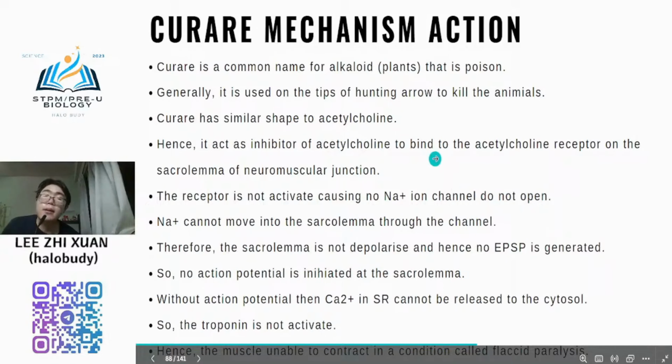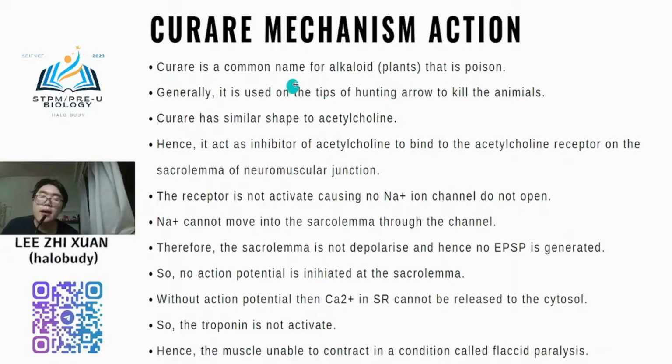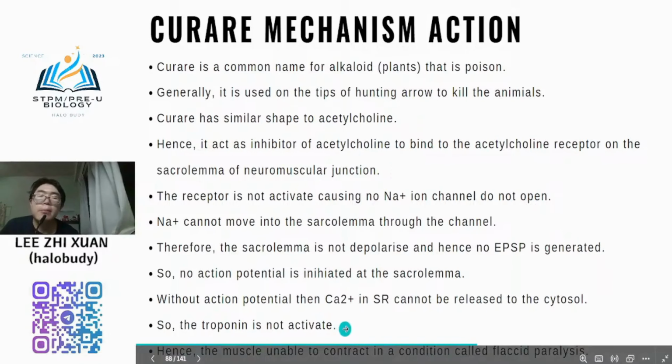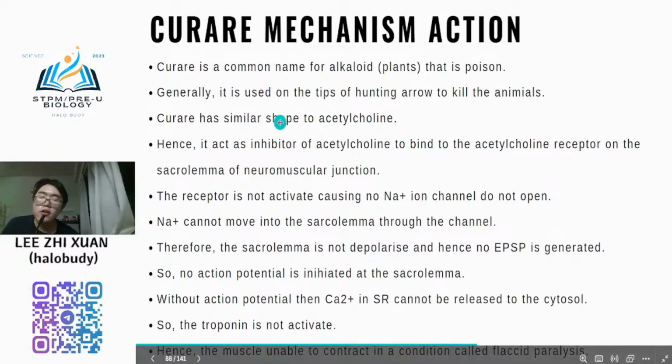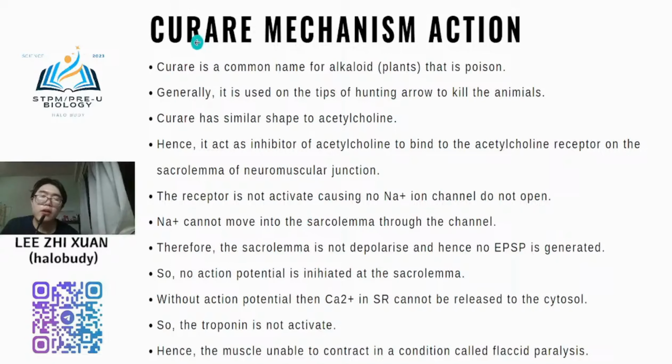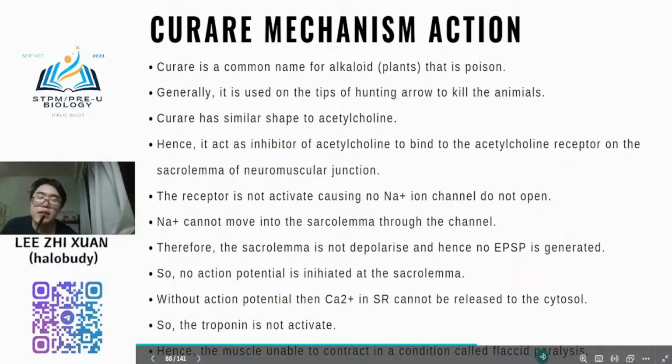The animal or human that gets infected with QA will not die, but will directly be unable to move, because the muscles cannot contract. You know that if you want to walk, all the muscles should contract. If there is no contraction, you cannot walk, and you will directly fall down. This condition is known as flaccid paralysis.